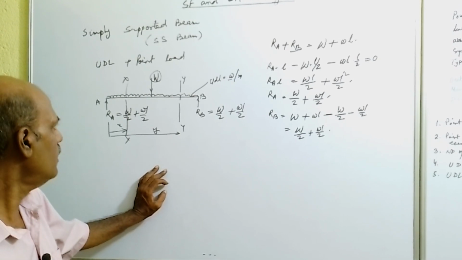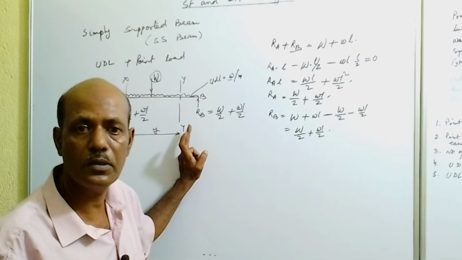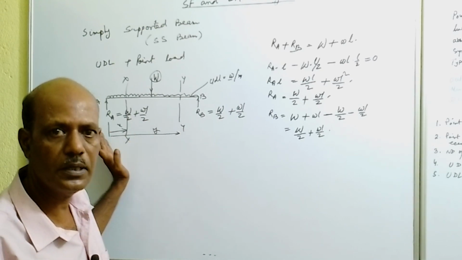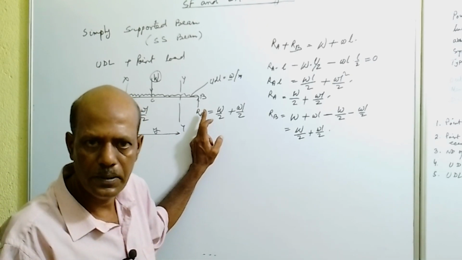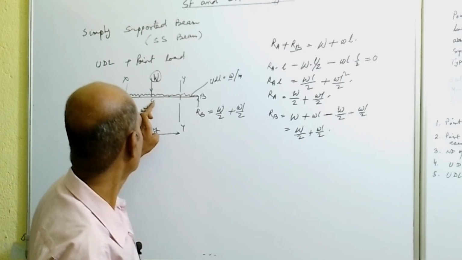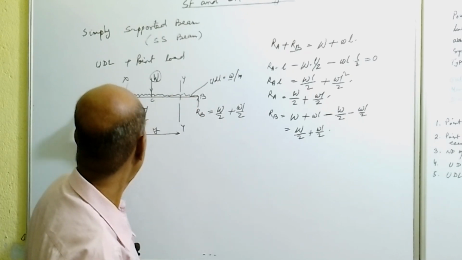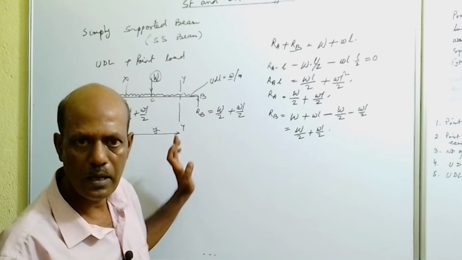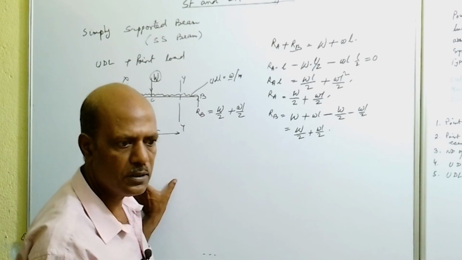For solution, first we will form the equation at section XX and section YY for shear force as well as for bending moment, and then slide the section to point A, then to point C, then to point B. Find the shear force at these points, and the bending moment at point A, at point C, as well as at point B. Then whatever the result is coming, accordingly draw the diagram underneath this figure.